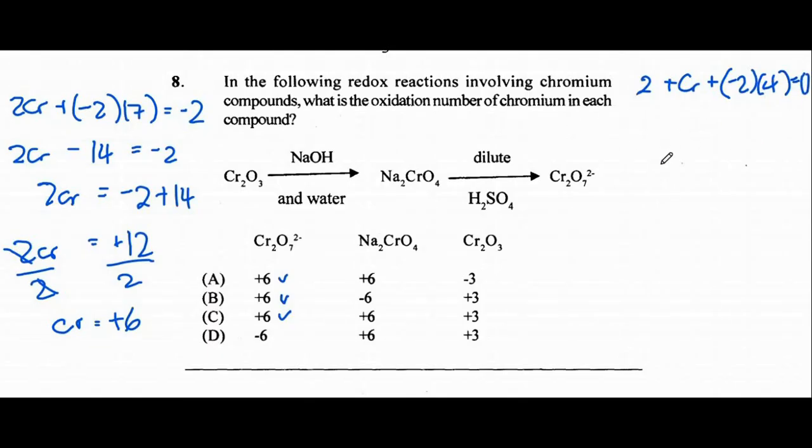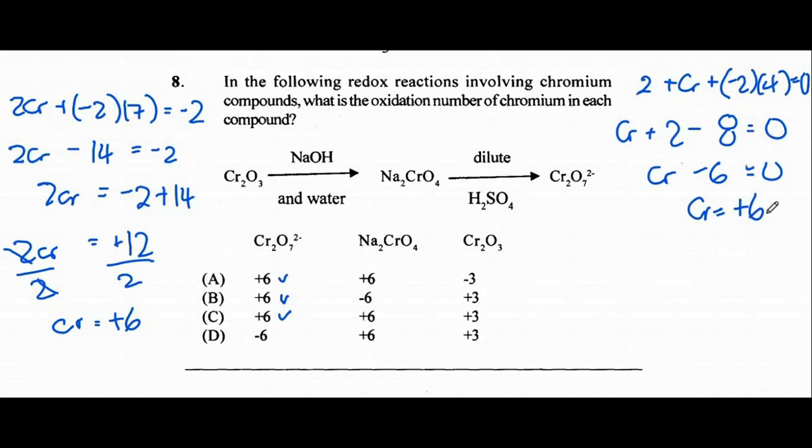So 2 fours, 8, and we have -8. This will be plus 2, and the Cr is equal to 0. 2 from 8 is 6. We have -6 plus Cr is equal to 0. Cr is equal to plus 6 if we add 6 to both sides. So this is plus 6, so it's either A or C.